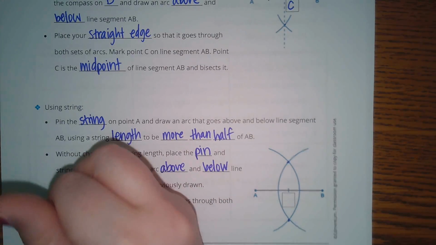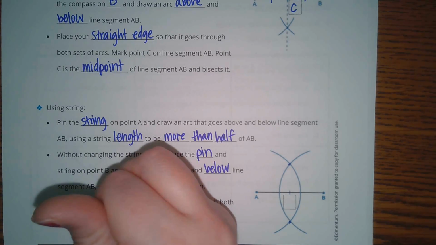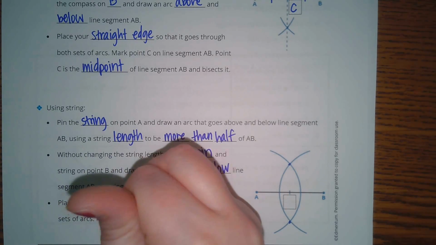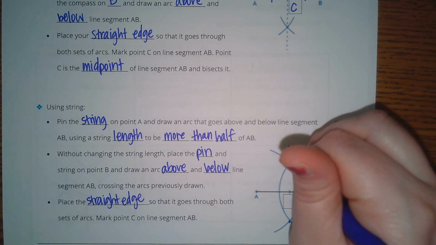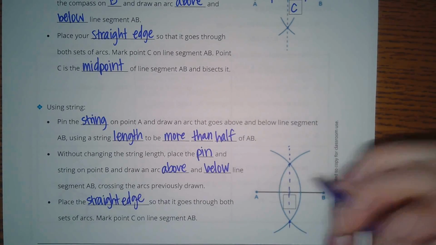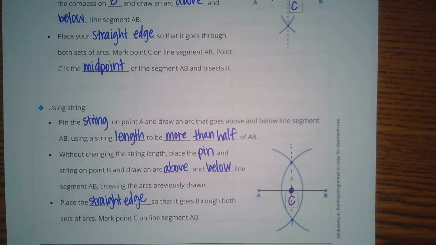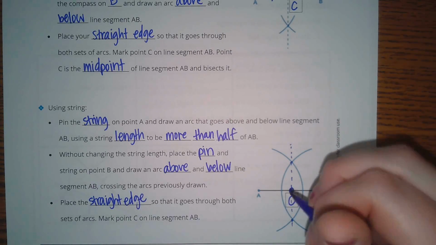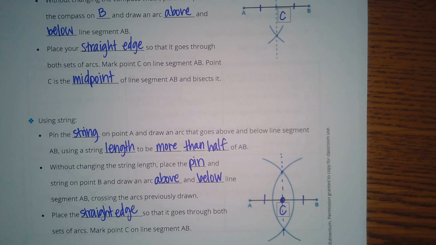Now we are going to use our straight edge so that it goes through both of those arcs. We create a straight line through, and then we get this midpoint in here, and that's going to be point C. And same thing, if this is a midpoint, these two should be congruent to one another.